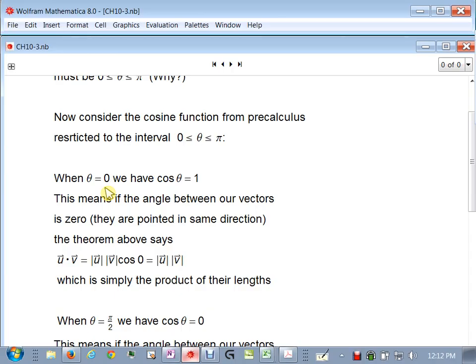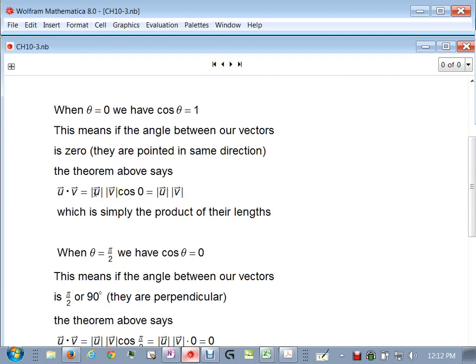That means the formula becomes magnitude of u times magnitude of v, since cosine of 0 is 1, which just gives you the magnitudes. So if I have two vectors that point in the same direction and I compute the dot product, what does that represent? The product of their magnitudes, the length of this one times the length of this one.